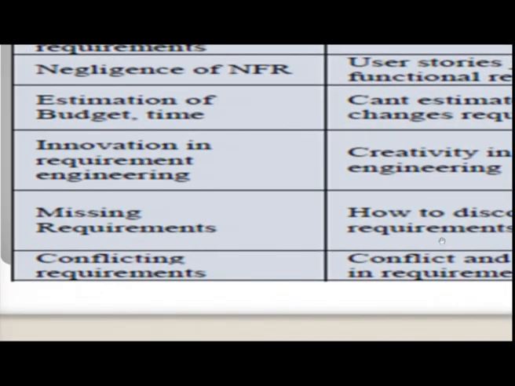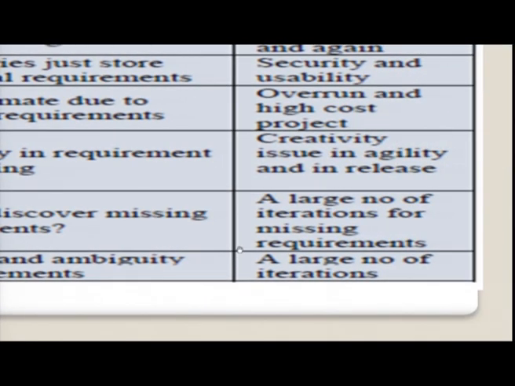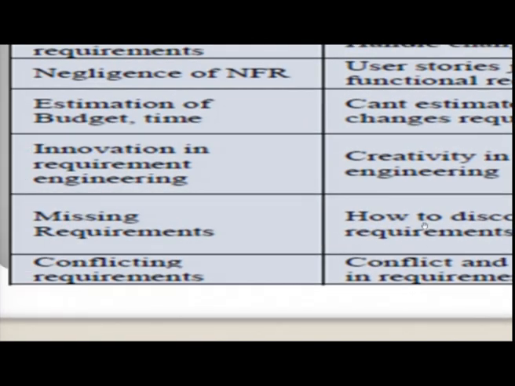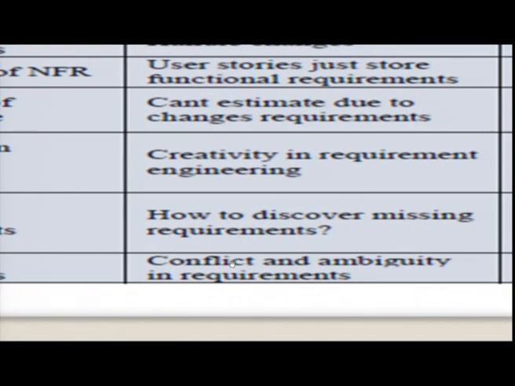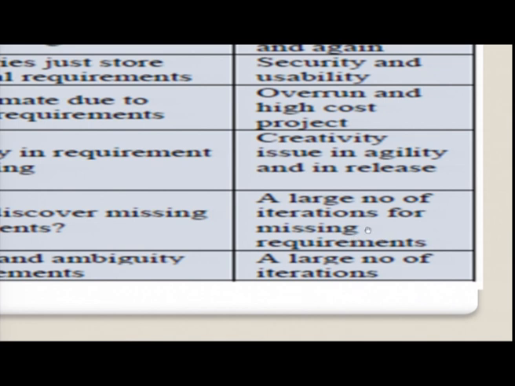Then next is about the missing requirements. How do you discover the missing requirements? A large number of iterations for missing requirements have to be handled. Then conflicting requirements. How do you get the conflict and how do you manage the ambiguity in gathering the requirements? It can be handled through a large number of iterations.